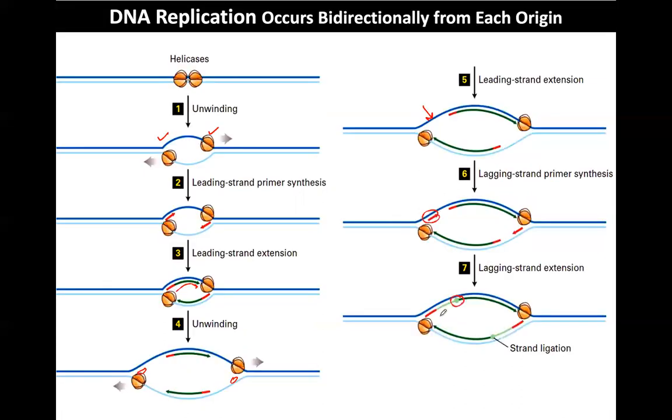After ligation, we have the complete strand of DNA formed on the template. So you need to understand that replication does not occur in one direction. It is bidirectional, through the bubble which is formed, called the replication bubble.